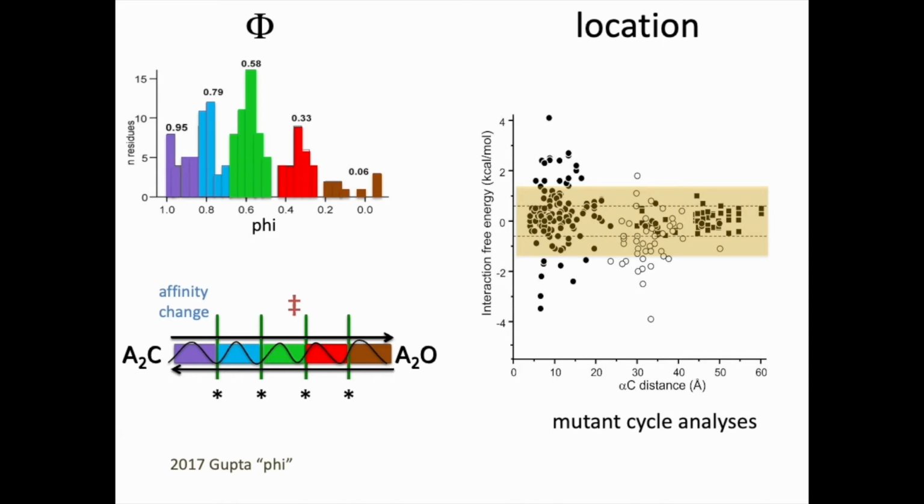The third thing we learned from phi is location. On the right side here is shown a plot of about 80 different mutant cycle analyses. In mutant cycle analyses, you mutate residue A and measure the change in the gating equilibrium constant. And you mutate residue B and measure the change in the gating equilibrium constant.